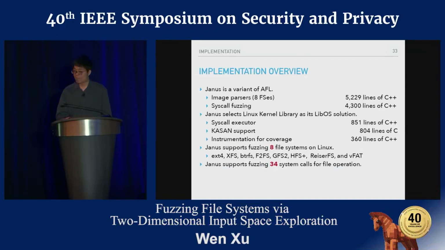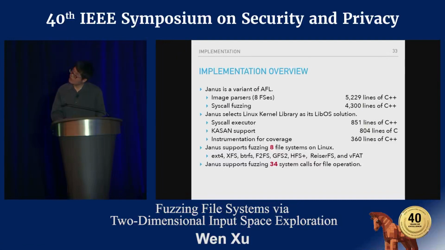I have one question. You said that you mostly focused on metadata mutation to be more efficient. Have you looked at the structure of that metadata, in some sense similar to what we heard in earlier talks, on changing metadata that's more likely to increase code coverage or create crashes? Yeah, we only focus on mutating metadata because we think mutating user data seems to be meaningless.